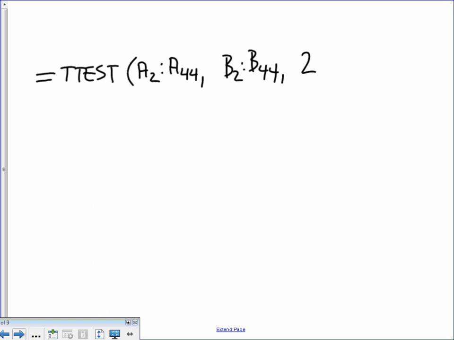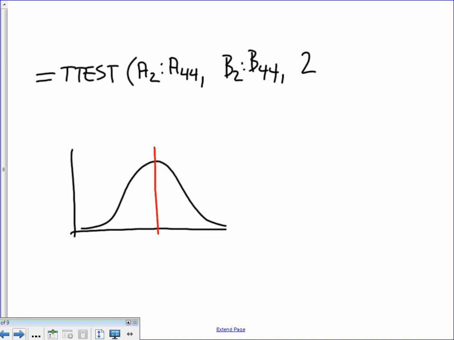What you're telling them with the 2 is we have two tails. Right? Now, if you go back to standard deviation, remember it looks something like this. And there's our mean, and then we can fall within one standard deviation or two standard deviations of the mean. Out here are what we call the tails.